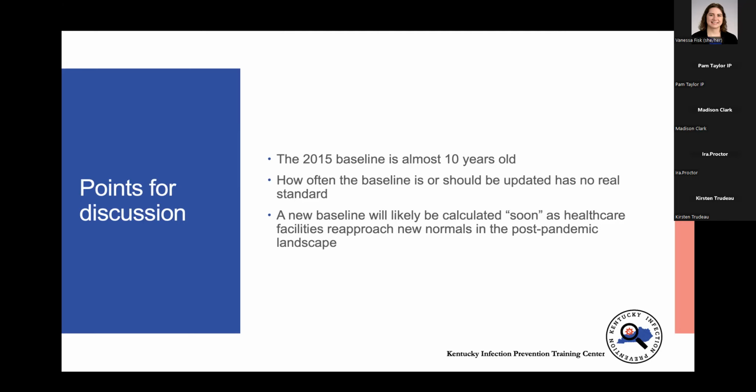But it's not really appropriate to use a higher baseline to compare the following years, because if you look at a time of emergency and great shifts in the way that care was being provided, then it's not really a valid comparator. So as I said, we'll probably see a new baseline come out in the next couple of years.